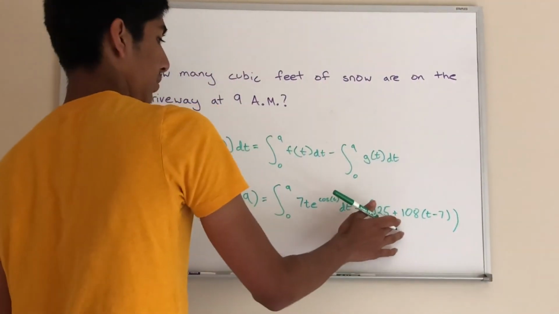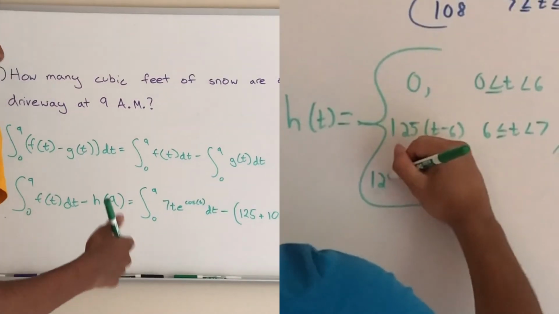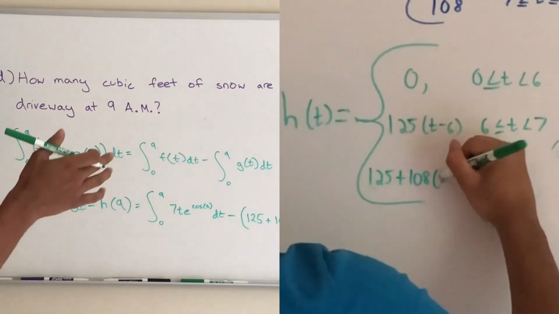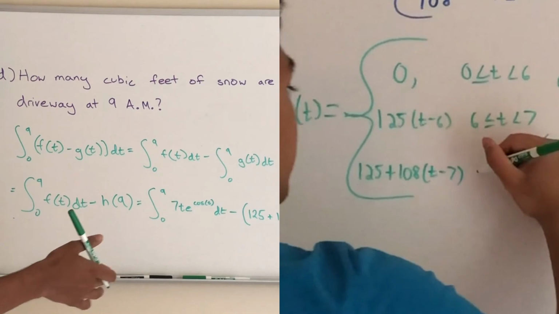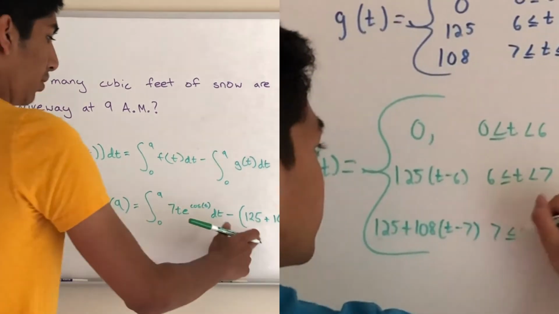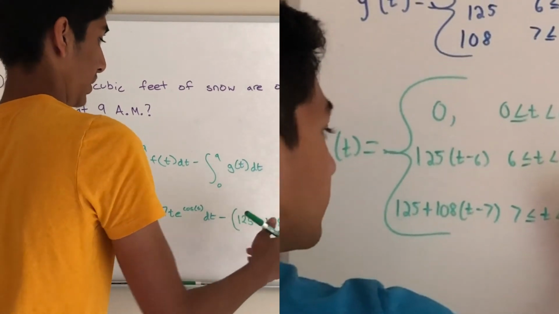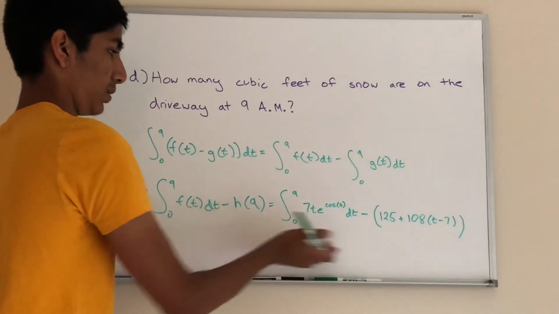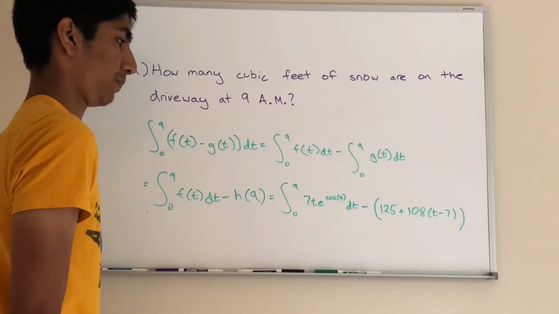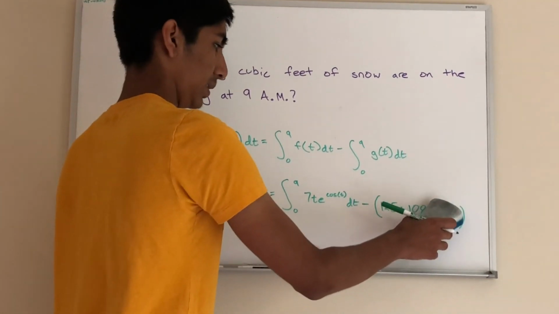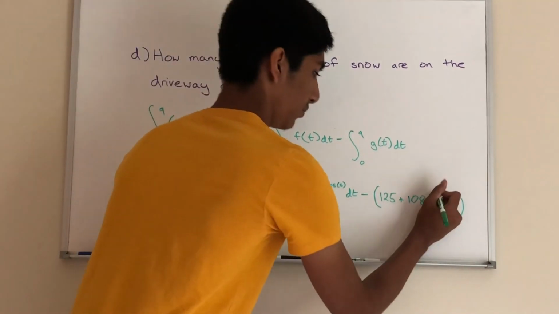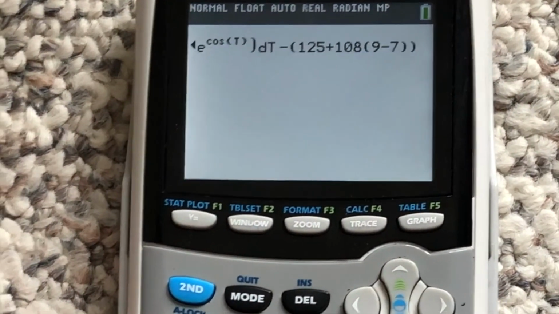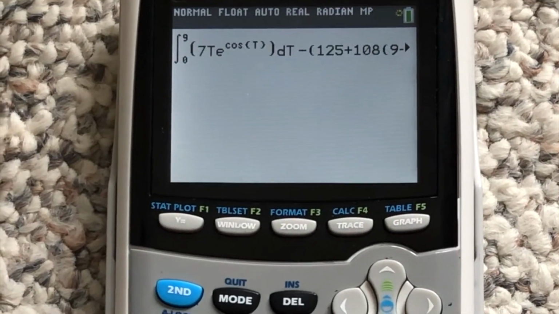And h of 9 equals this because if you remember from the previous problem, from the time frame of 7 to 9, we solved h of t to be 125 plus 108 times (t minus 7) in that time interval. So we can just plug that in for h of 9 here. Well, we'll have to plug in 9 for t in here, and then now we can solve it. This gives us an approximation of 26.335 cubic feet.